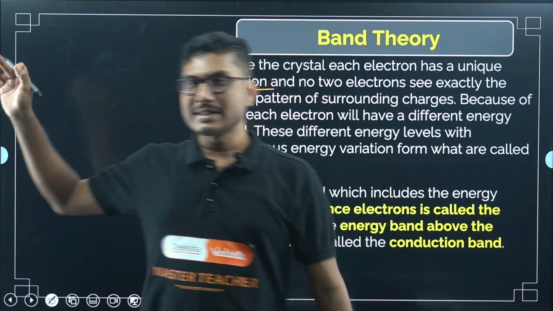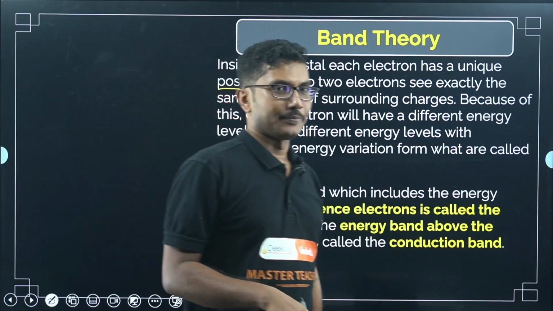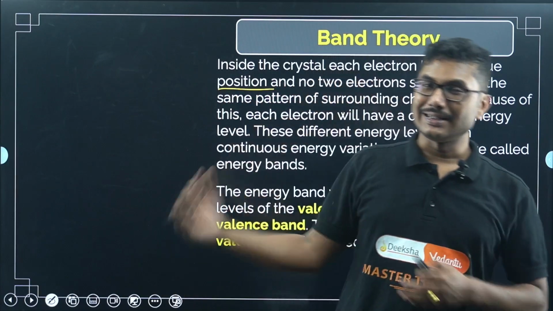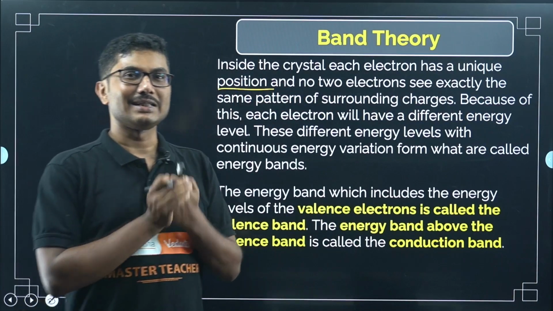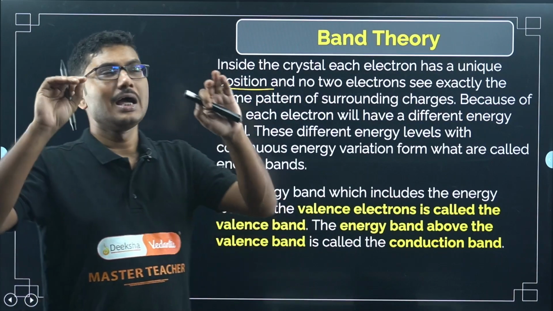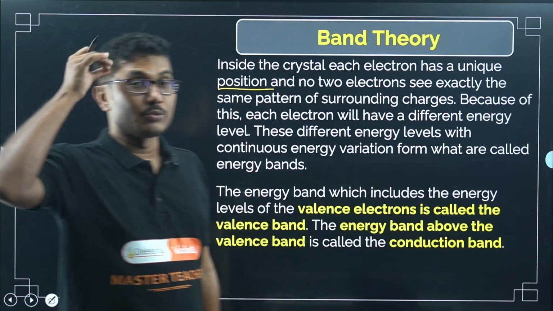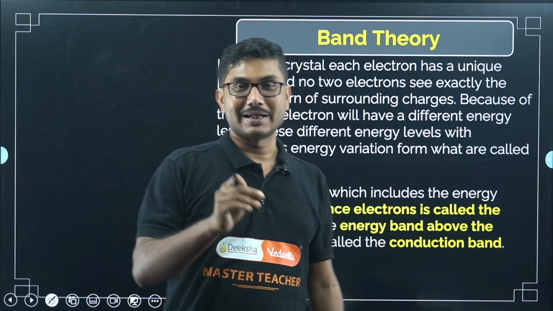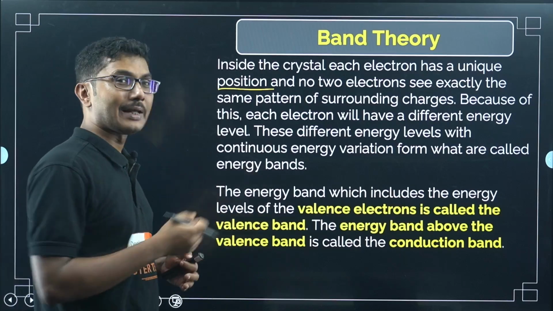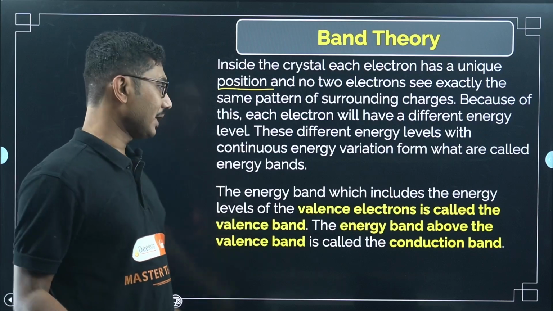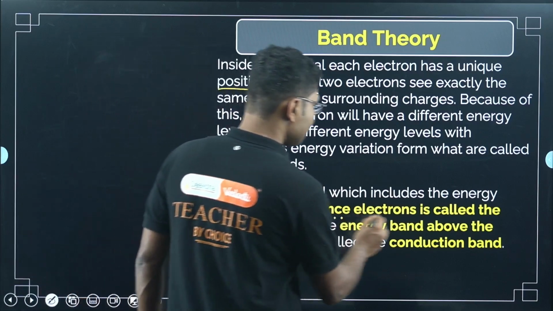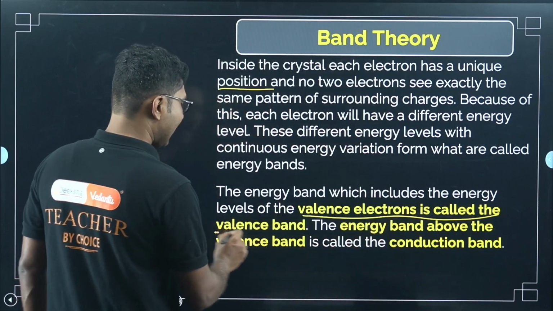We are not interested in any electrons which are residing inside. They may be of interest in chemistry, but in physics we are only concerned about valence electrons, whatever electrons reside on the outermost shell, and they share some space between them. That is called the valence shell, and the valence band.